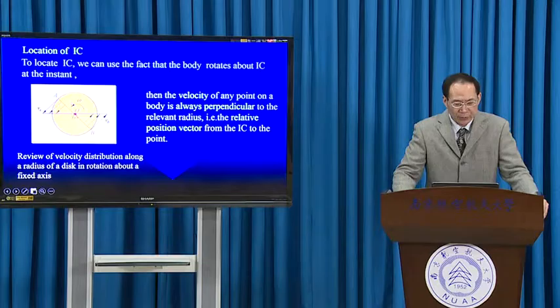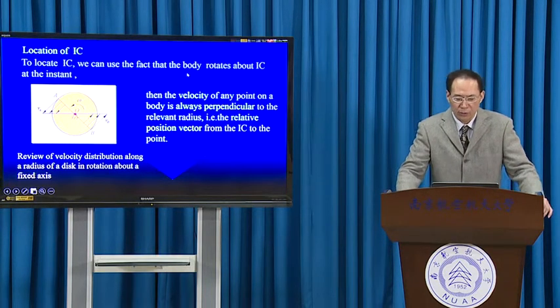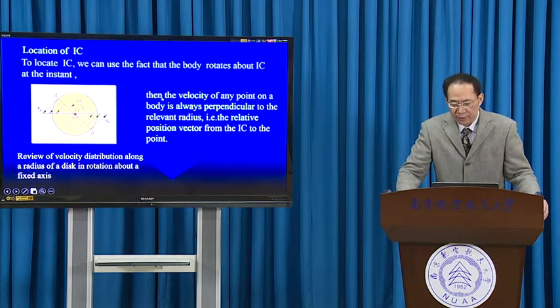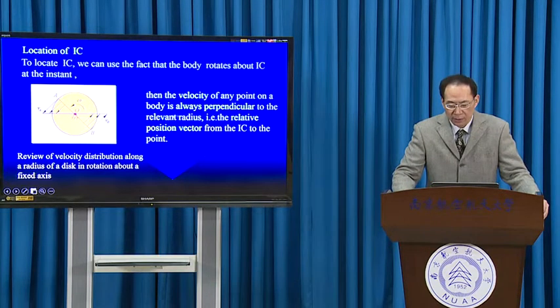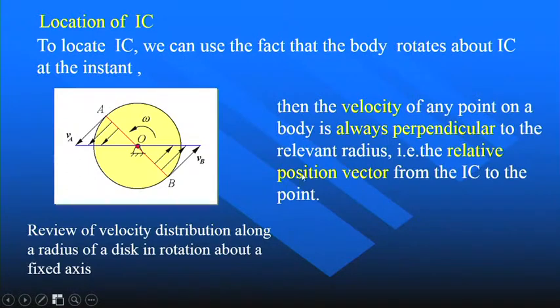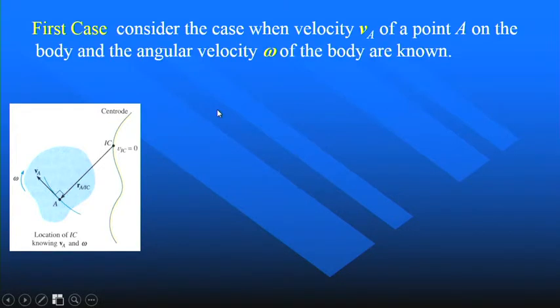Today we will use these conclusions to locate the IC of a body in general motion. So the velocity of any point on a body is always perpendicular to the relevant radius, i.e., the relative position vector from the IC to the point. This is the conclusion from the distribution law of an object rotating about an axis.